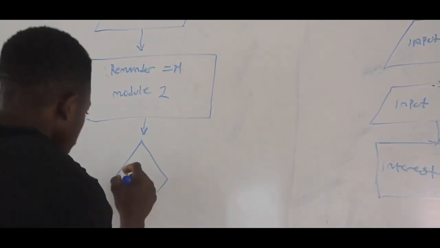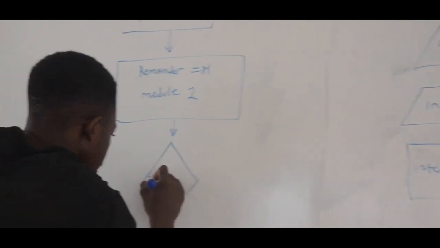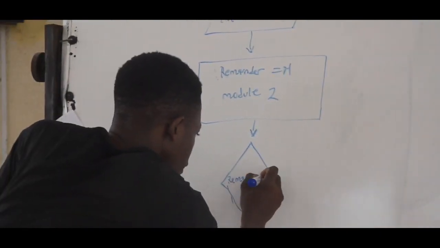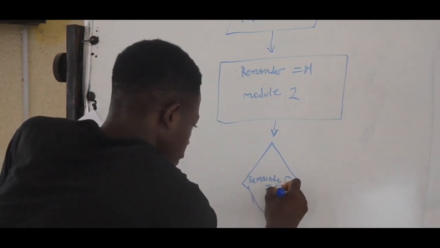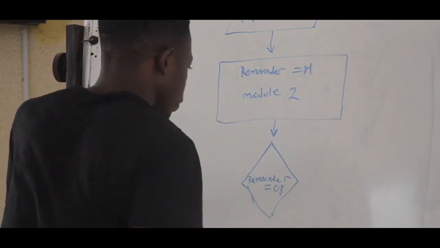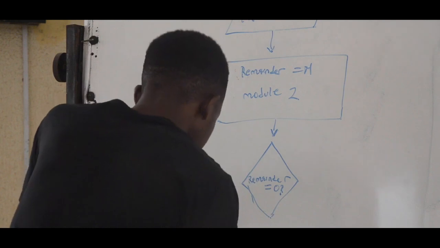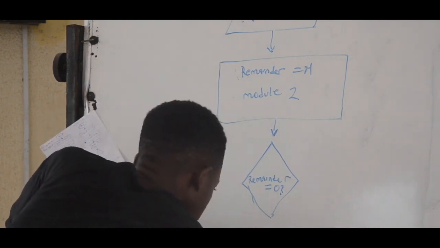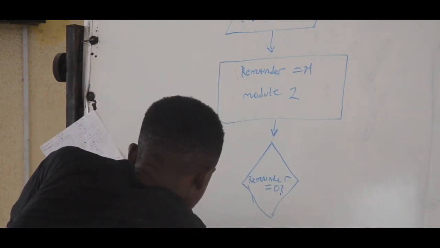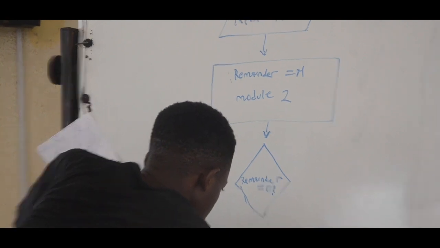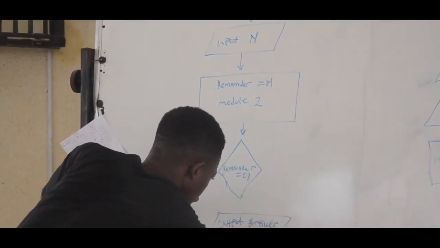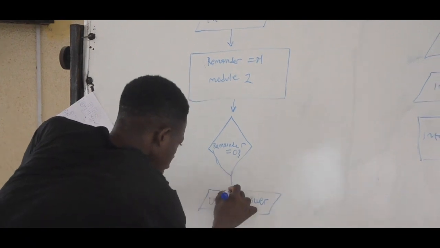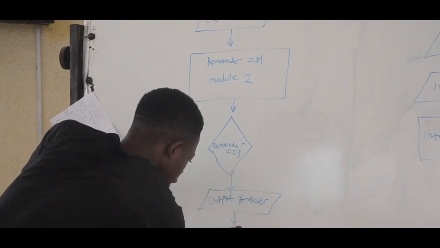Now you say remainder equal to 0, and you can add a question mark. I will explain why we have the question mark. Then you can output answer, and we use the parallelogram to output, don't forget. And here you can end.